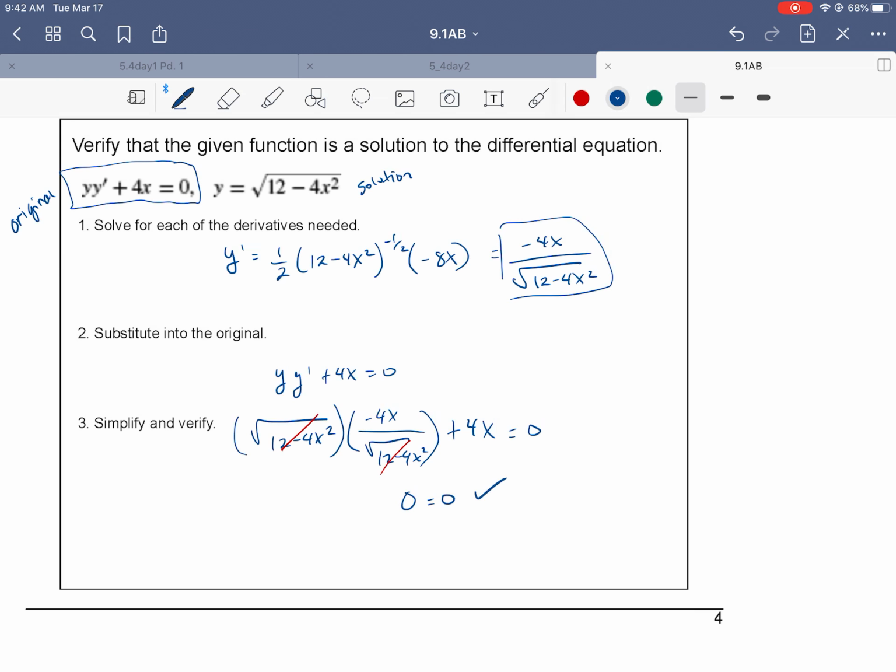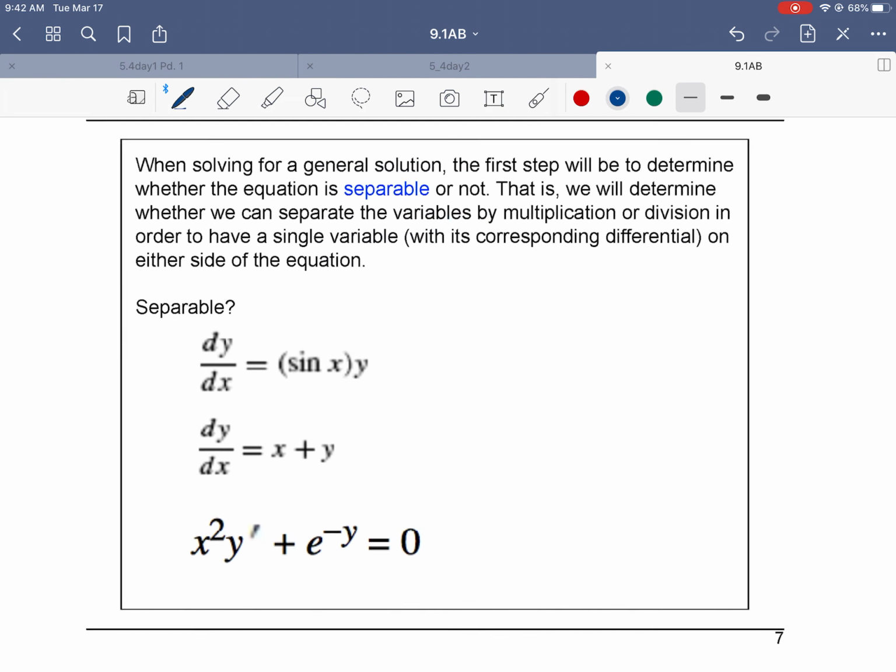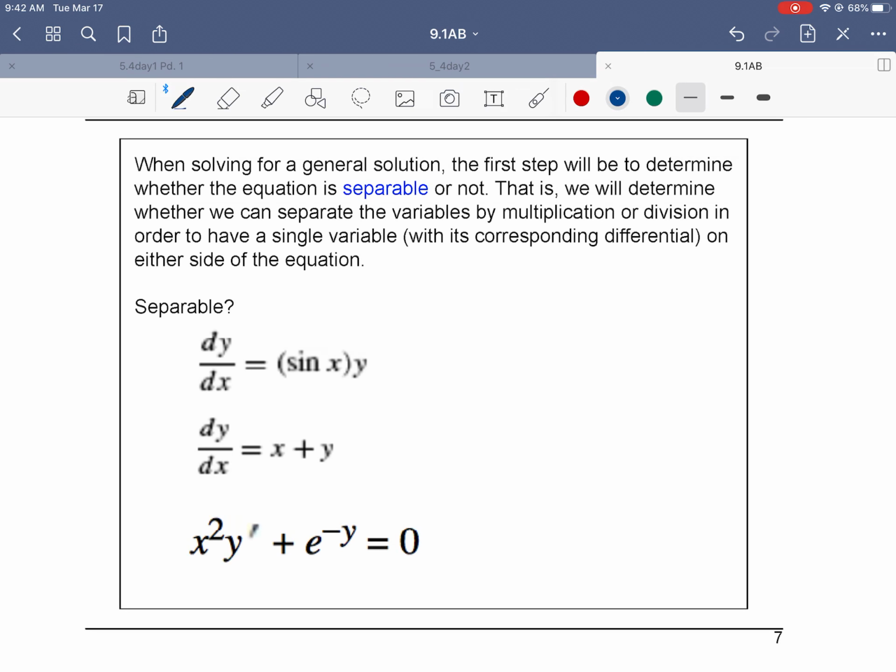Okay, so let's move into problems that would be giving us a differential, and we would look to solve them. Now, because of the nature of a differential equation, where x's, y's, y prime, y double prime, y triple prime could all be within the same equation, you might be thinking, wow, these problems could get really, really complicated.